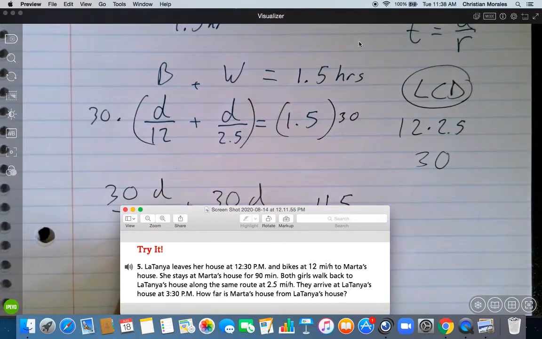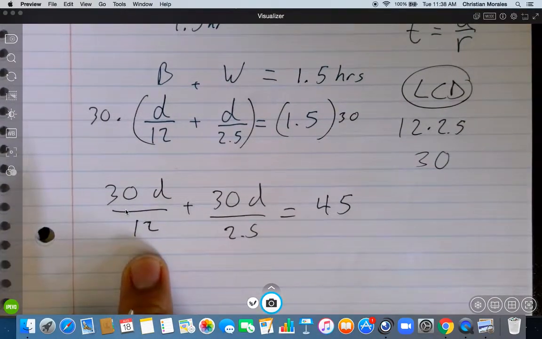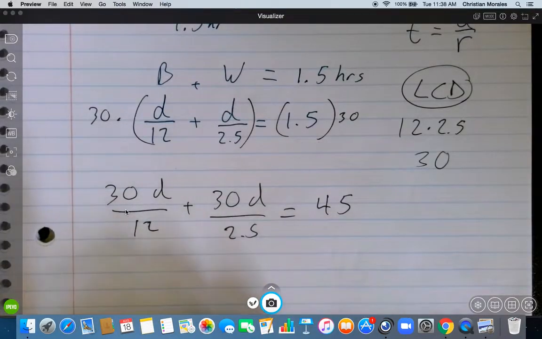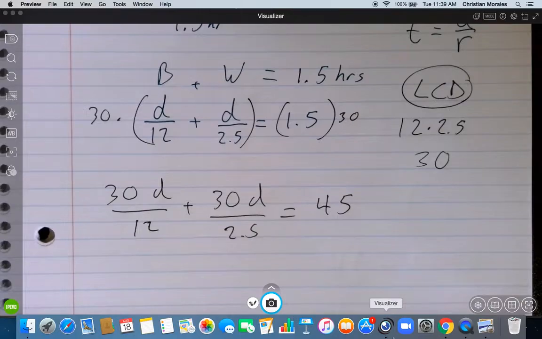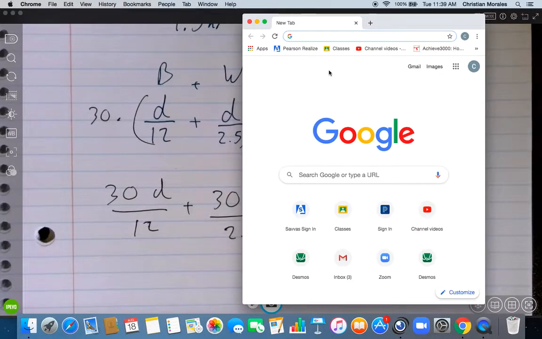Now, if you notice here, you have 12 and you have 2.5. Sorry, let me get rid of this now. We don't need it anymore. This will simplify. We're going to get some decimals, and that's totally fine. So let me use the calculator real quick. Desmos.